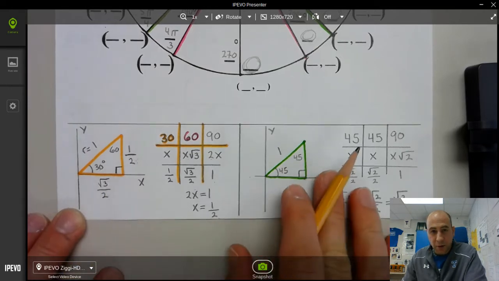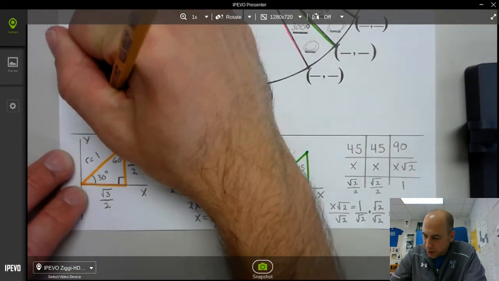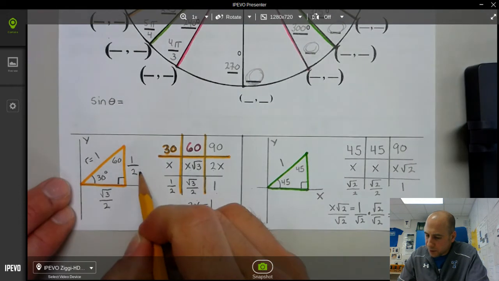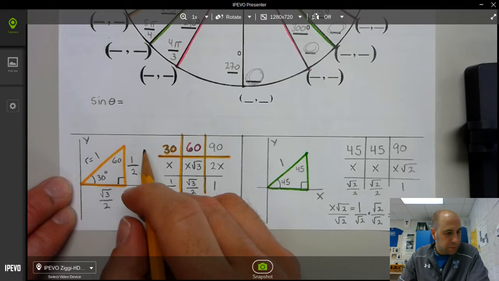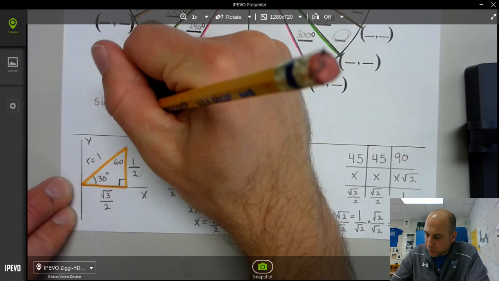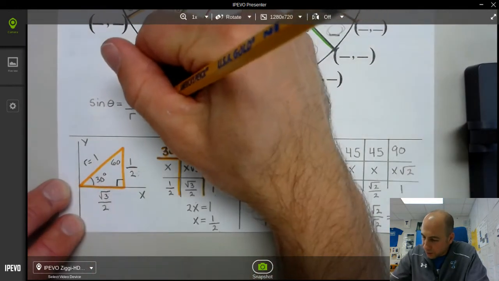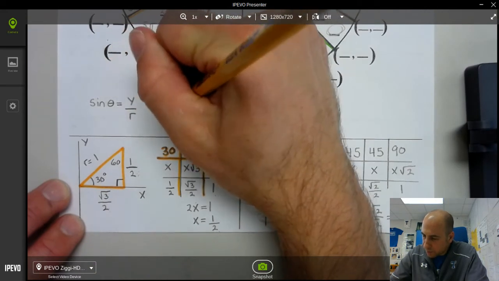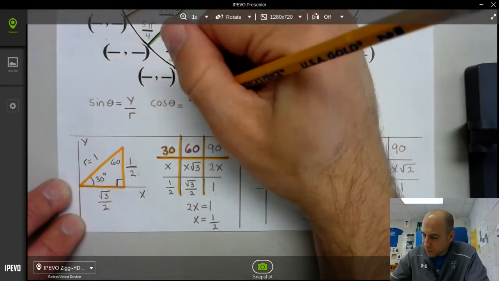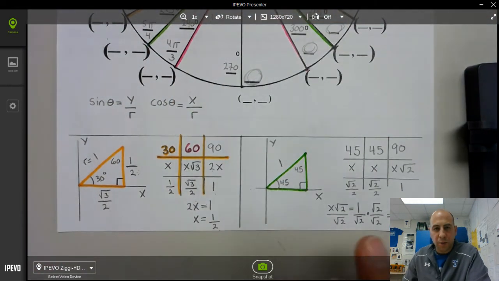Okay? Now we can use trig here because we know that sine of theta is opposite, which is the y value, over the hypotenuse, which is the radius. Okay? Now we know that cosine of theta is adjacent, which is the x, over the radius. Okay? And we could talk about tangent, but I don't think we need tangent at this time.